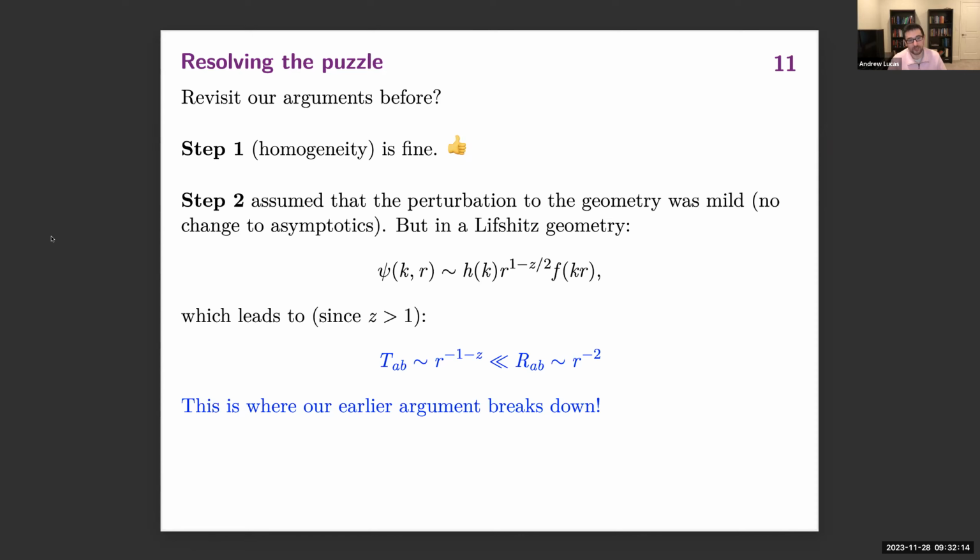This is important because when we look at the stress tensor that this creates, which feeds into the bulk Einstein equations, it turns out to scale as r to the minus 1 minus z, which is, of course, smaller than r to the minus 2, which is what we would expect if the stress tensor was changing the exponents.